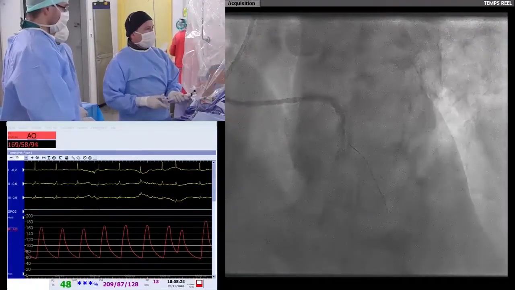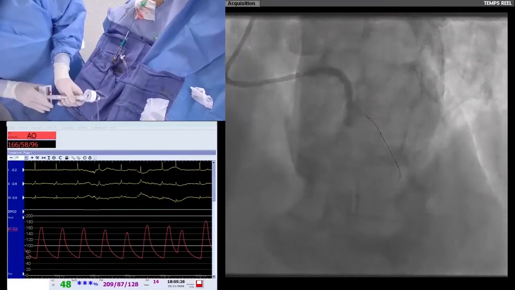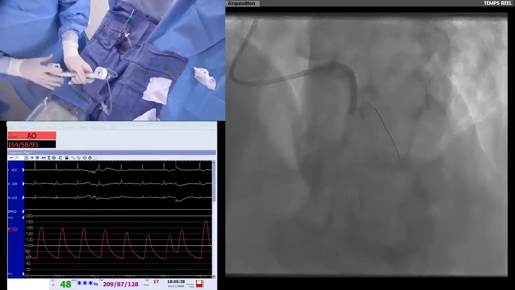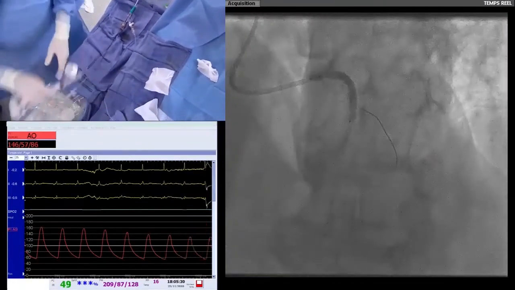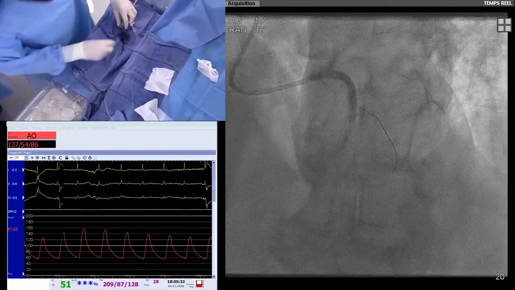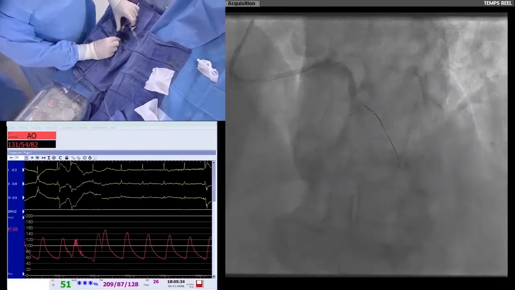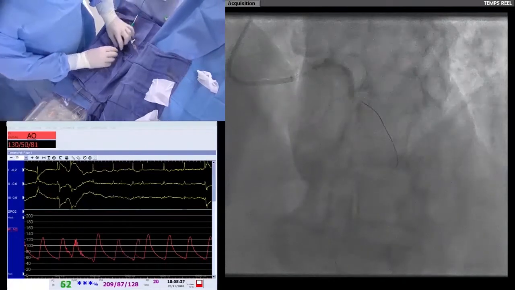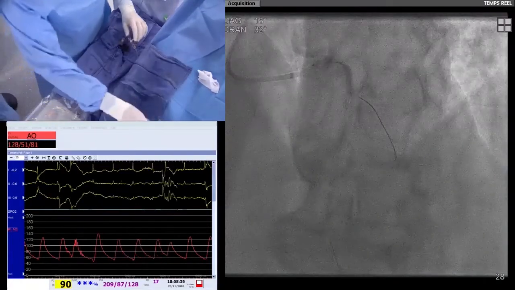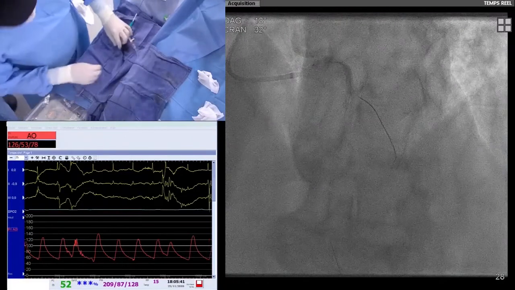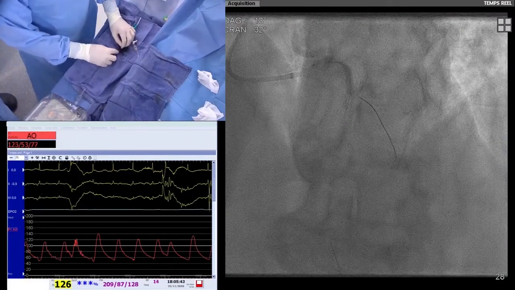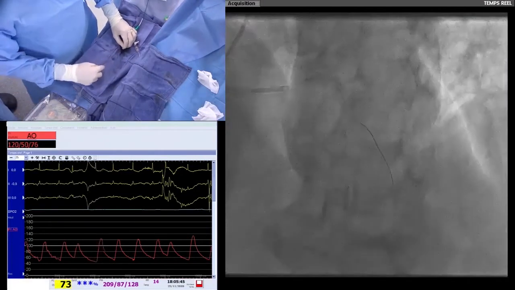It's about 6 atmospheres, 8, and then I will manage the post dilatation using a larger balloon because I don't want to oversize the implantation after the diagonal.